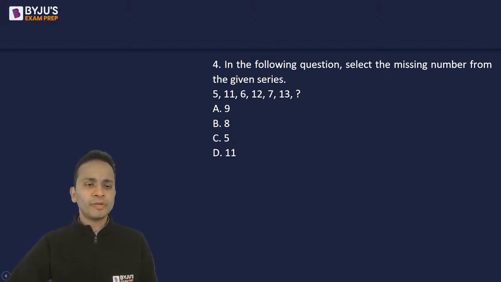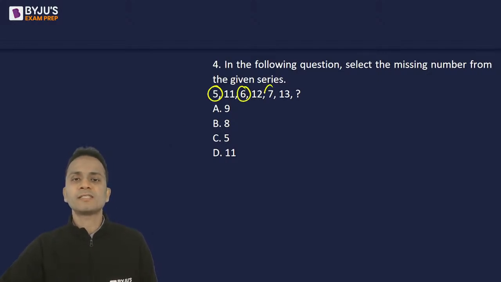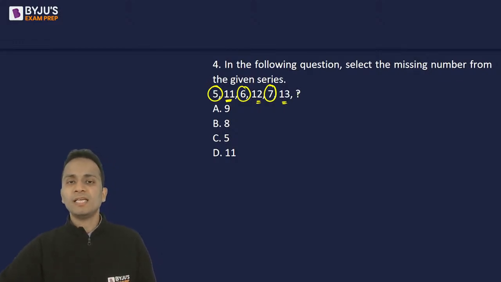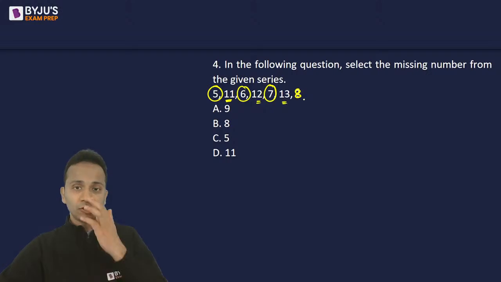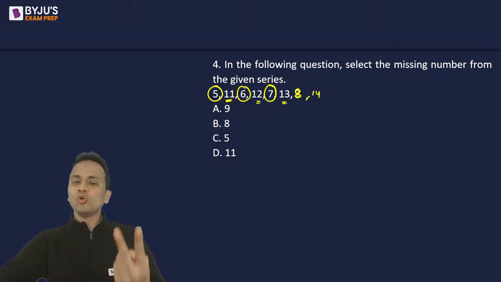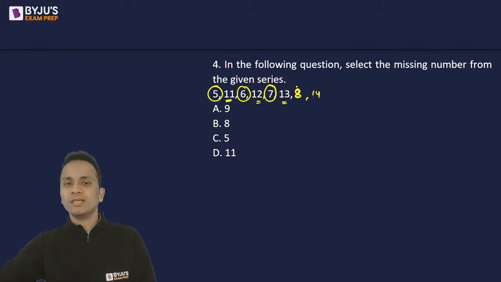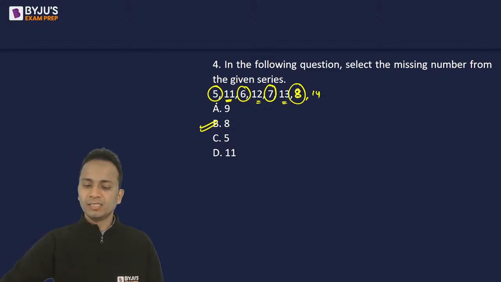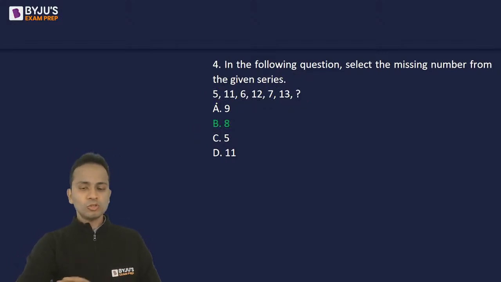Such type of questions may also be there in examination. So 5, 6, 7, I can see this series, and 11, 12, 13. So this is composed of two series with alternate terms. So 5, 6, 7, and then 8 will come in the place of question mark. 11, 12, 13, 14. So the next two terms will be 8 and 14. But I just need one term. So the correct answer will be option B, that is 8. Okay. So this one was simple.